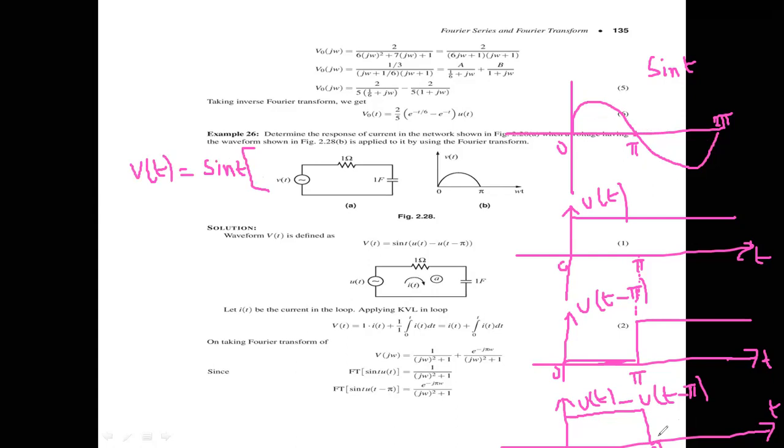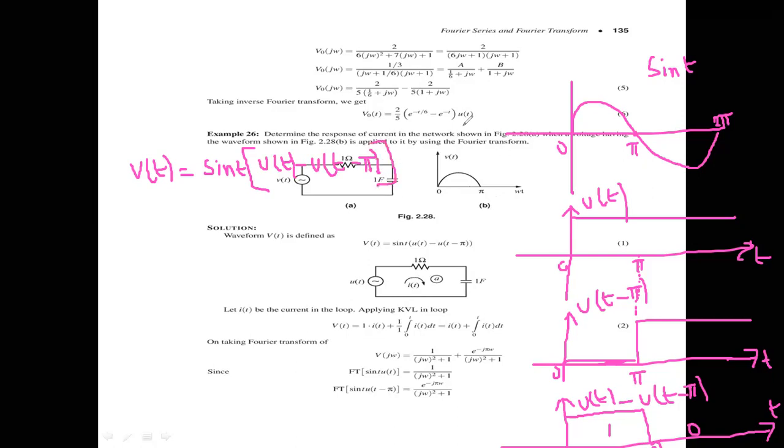For the negative half cycle, observe here, pi to infinity is 0. It is a 1 and a 0. 0 into this negative half cycle is 0, and the positive half cycle with this one is the positive half cycle. What we got is the same thing as the given term, mu of t minus mu of t minus pi.